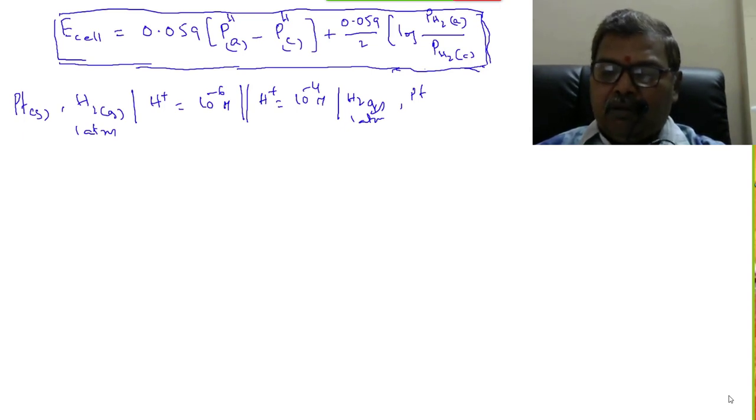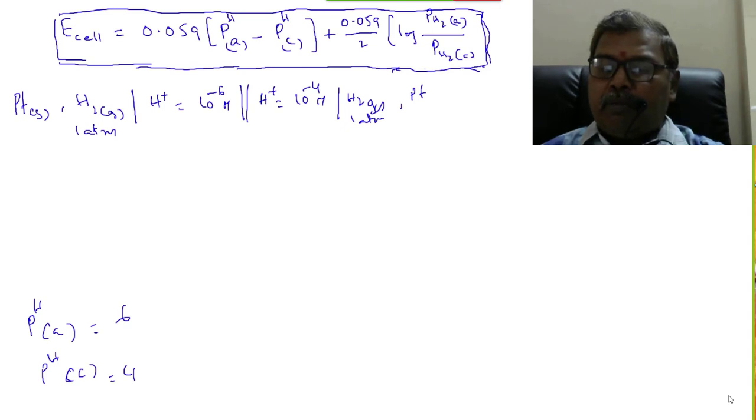Now find out the pH. The pH of solution in the anode half cell is 6. The pH of solution in the cathode half cell is 4. Since the pressure is 1 atmosphere, there is no need to take it, even though we will substitute, I will show you.